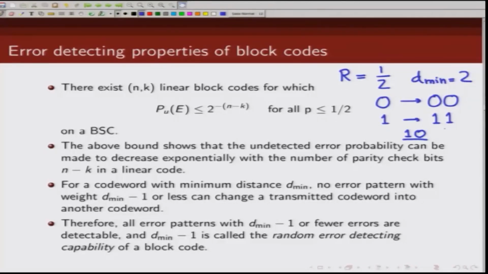So, we are able to detect single error. So, to repeat, basically if you have a linear block code whose minimum distance is d min, you will be able to detect all random errors of error pattern up to d min minus 1.